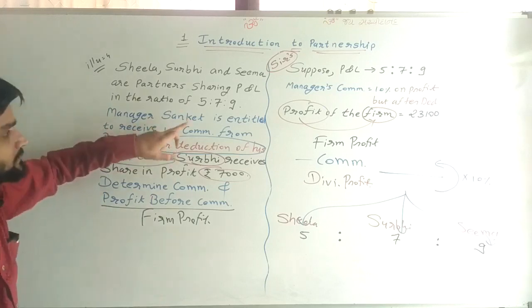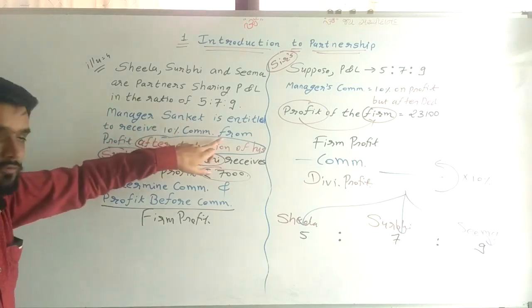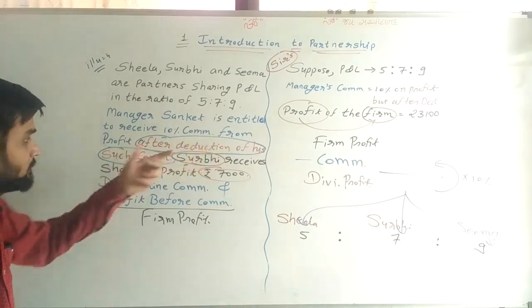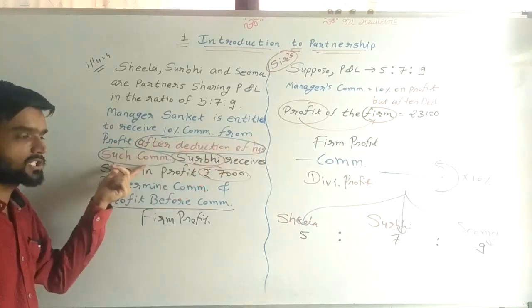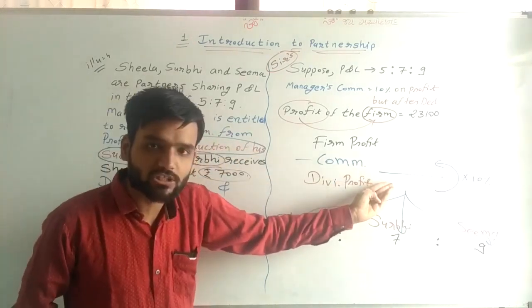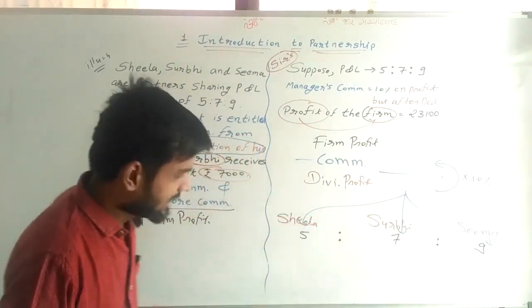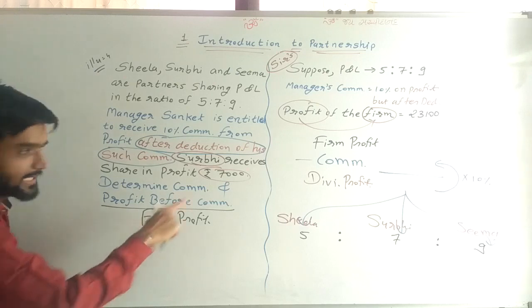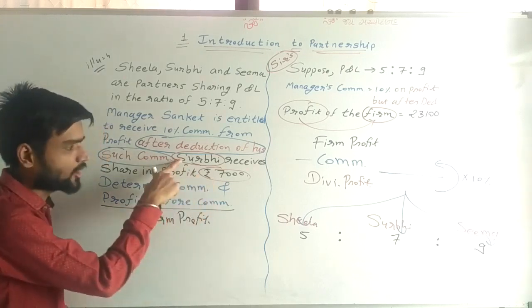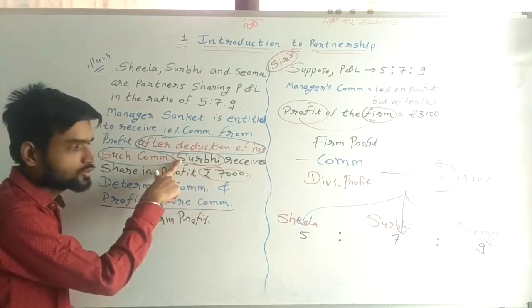Here 10% commission is given on profit after deduction of such commission. Now this is after deduction of such commission, so 10% of that. In the question 7,000 is given, and 7,000 is for Surbhi.